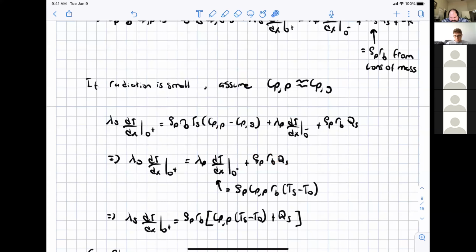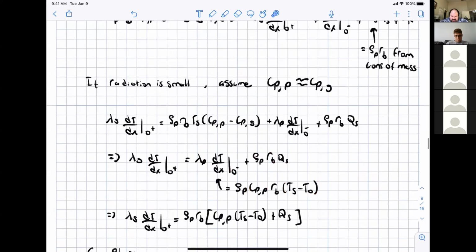Okay, but we can go one step further. From our condensed phase energy balance, we showed that lambda_p dT/dx on the condensed phase side of the interface is equal to the propellant density times the propellant specific heat times the burning rate times the net temperature difference between the surface and the initial temperature of the propellant.